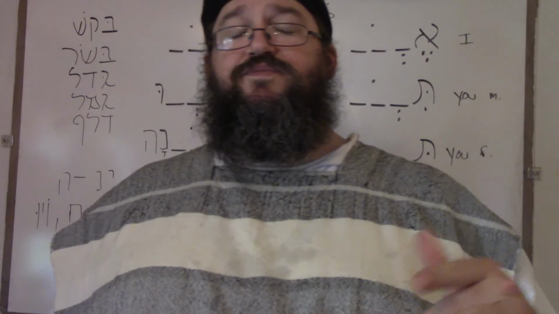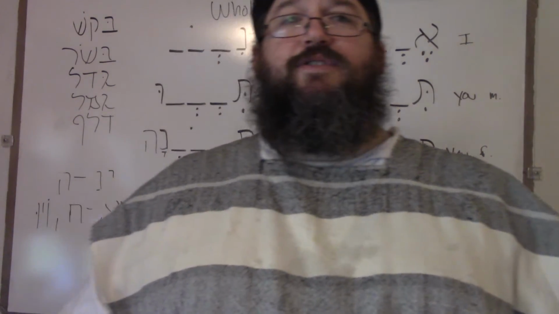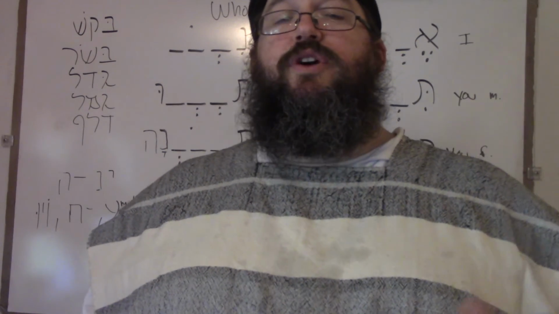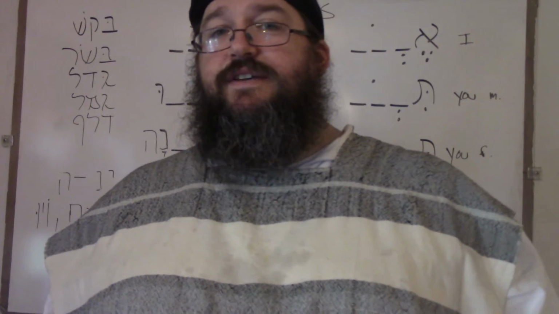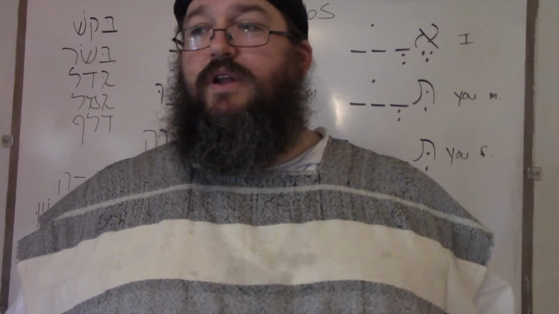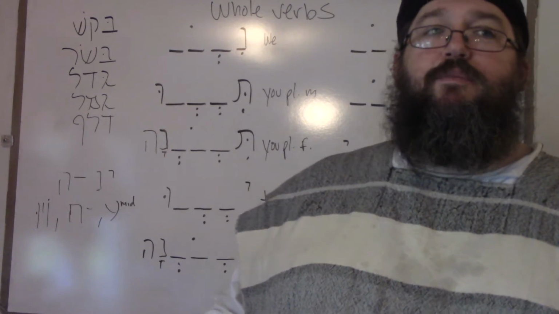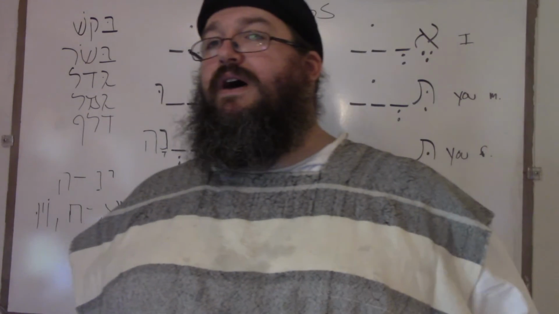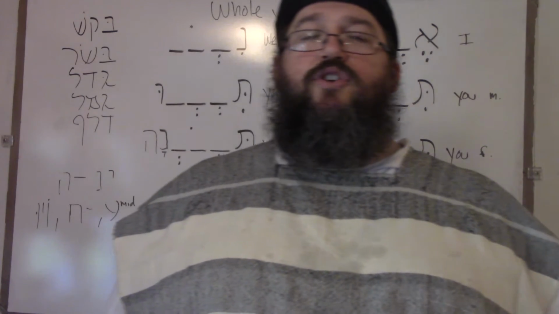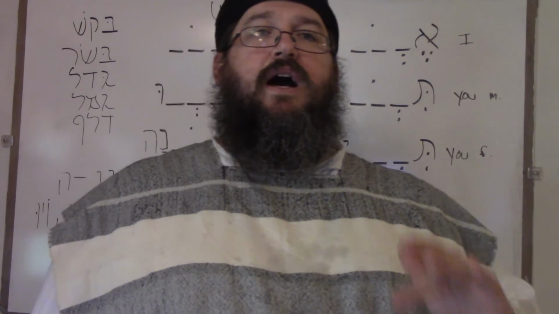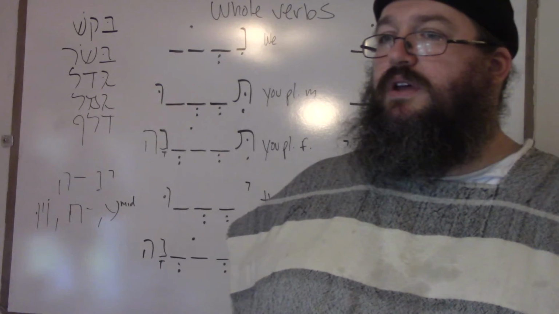So here, we're using the simplest, easiest, and most common form, which we're going to understand as the paal form, also known as the kal form. Okay? I like the term paal because it always makes you think of the ah sound. Whenever you put it in the third person masculine form, you're always going to hear the ah sound.